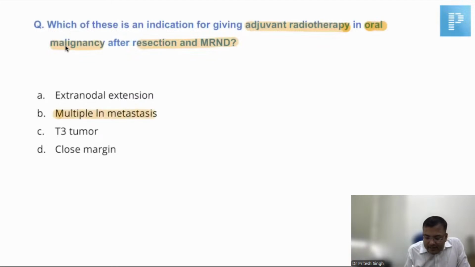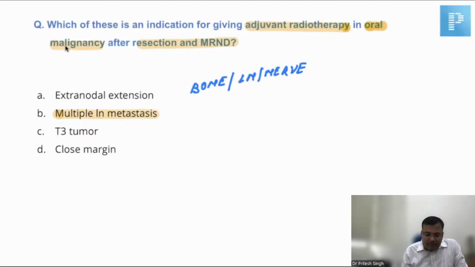Multiple lymph node metastasis, yes, that is an indication. And extranodal extension. So exactly which organ or structure is involved, that's important. Extranodal extension depends on which organ is involved.